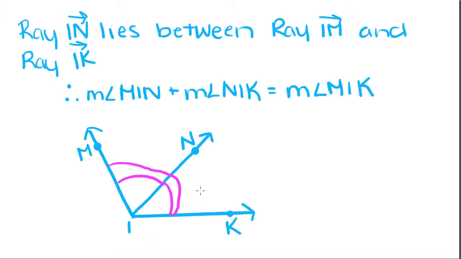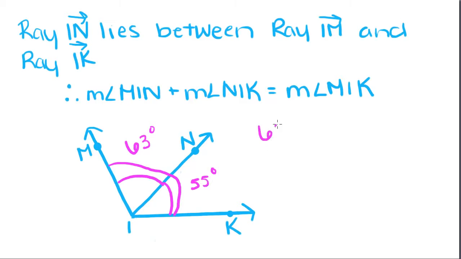Which makes sense because if you add up the parts of something, you're going to get the total of the whole. So say I know that the measure of MIN is equal to 63 degrees, and I know that the measure of NIK is equal to 55 degrees.